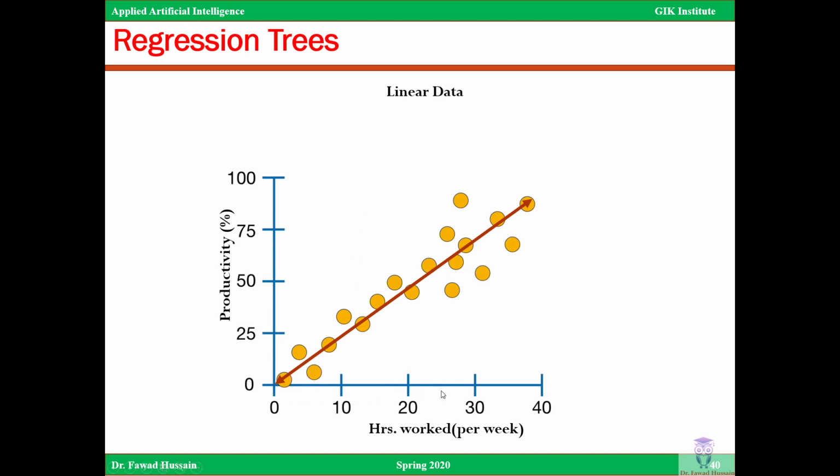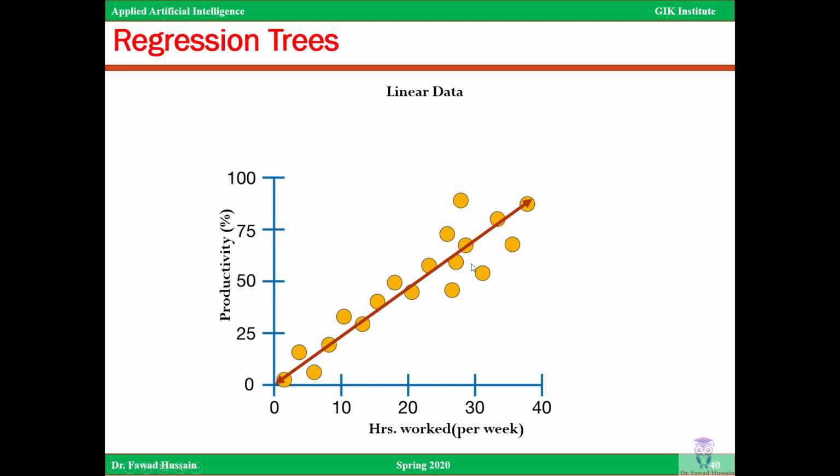As the number of hours increases, the productivity is also increasing. There is no curve inside this data. It doesn't say that the productivity will go, let's say, up to 30 weeks and then start lowering. So it doesn't work that way. So this is an example of linear data.